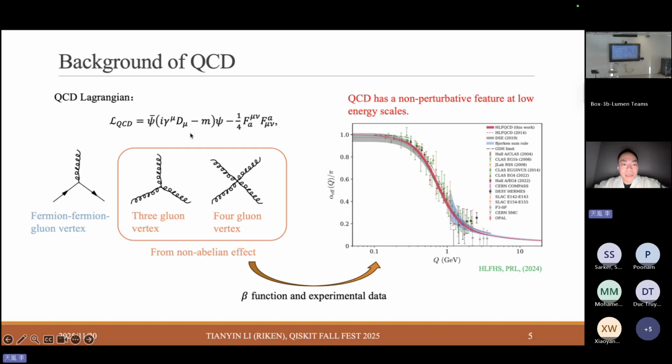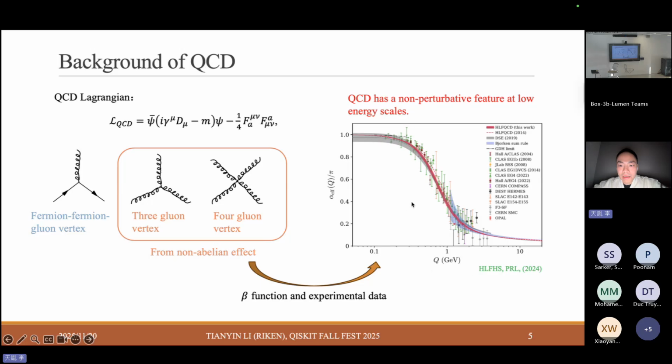From the QCD Lagrangian and after some calculation, we can obtain the beta function of QCD, and then if we combine it with the experimental data, we can obtain the running coupling constant of QCD, and here it shows how the coupling constant alpha depends on the interaction scale, the energy scale.